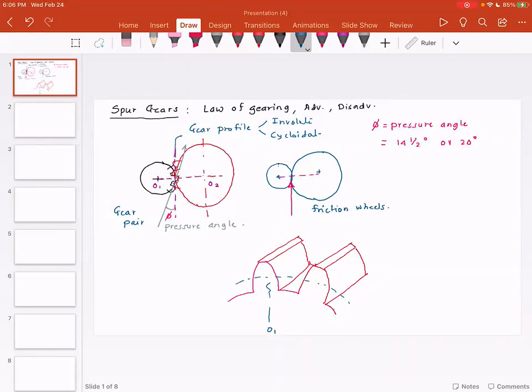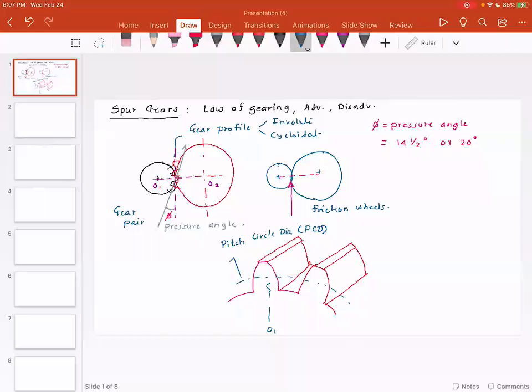The imaginary circle that goes through the meshing line of the gear is called the pitch circle diameter, also called PCD. Now the pitch circle is this imaginary circle that by purely rolling action will give you the same motion as the gear.